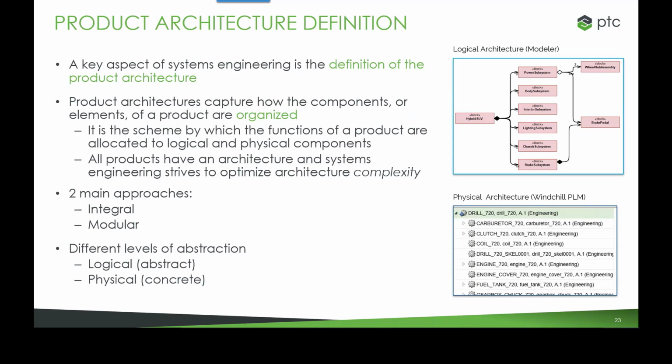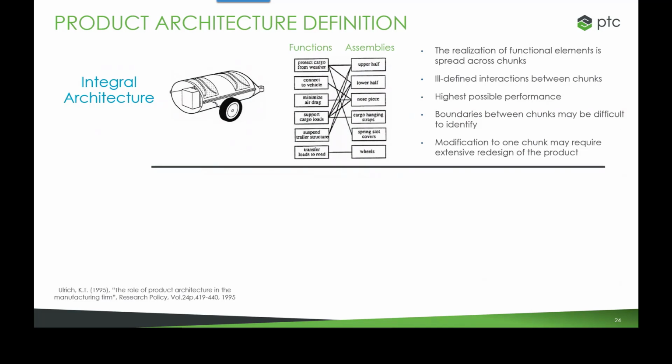So systems engineering tools like Modeler capture and define the logical architecture. The physical architecture would be in PLM systems like Windchill PLM. There are two main types of architecture, two main approaches, integral and modular. So let's see some examples of those.